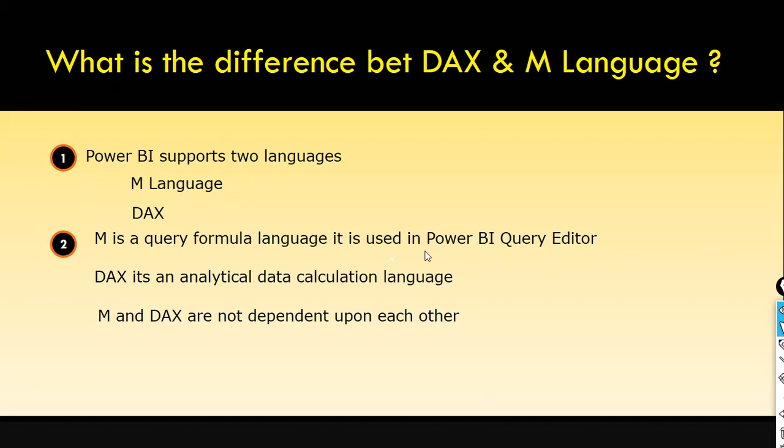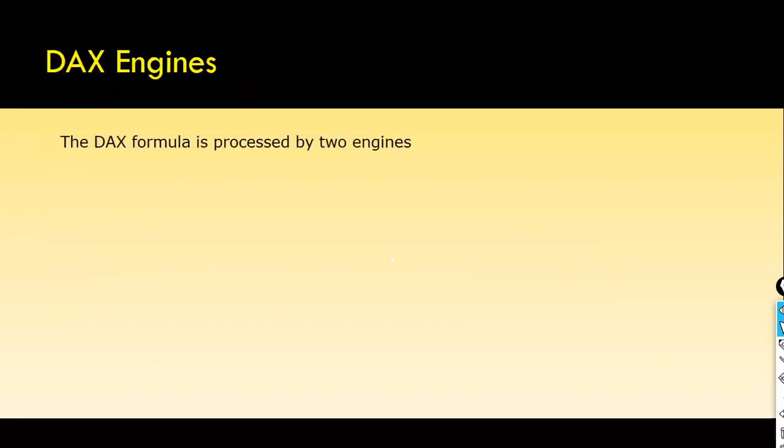M is a query language used in Power Query Editor, while DAX is an analytical data calculation language. Like I said, the M language and DAX are not dependent upon each other. These two are mutually exclusive.